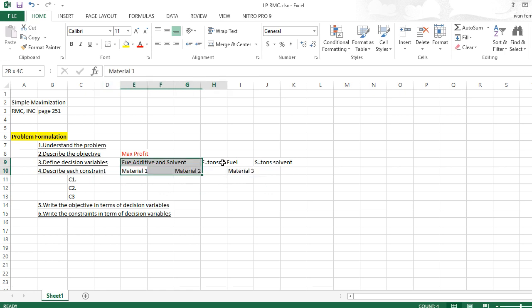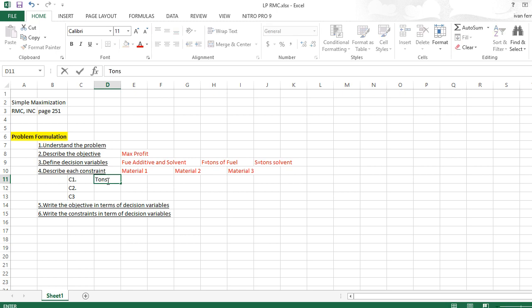And they're telling us, again, that the number of tons of material 1 used must be less than or equal to the 20 tons available. All right. So how would we write that in a mathematical way? First, let me write it down so I don't forget.